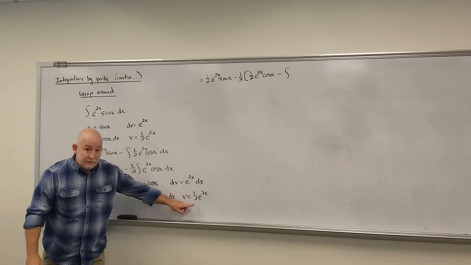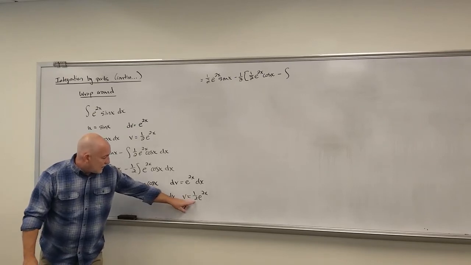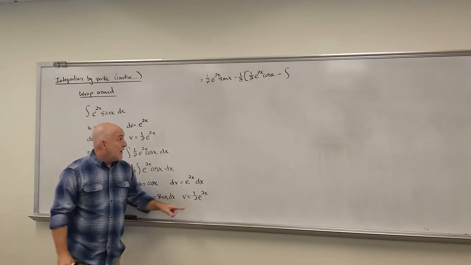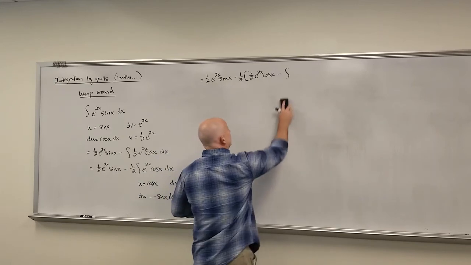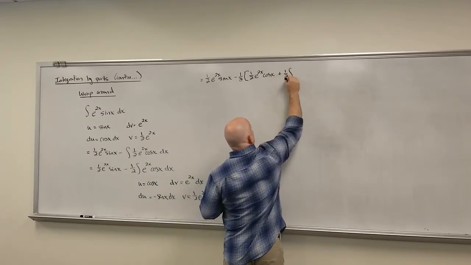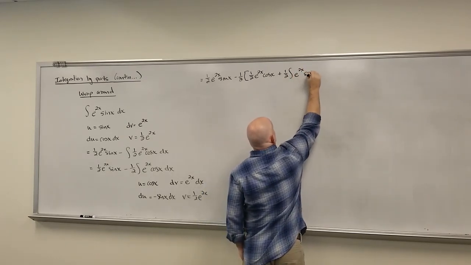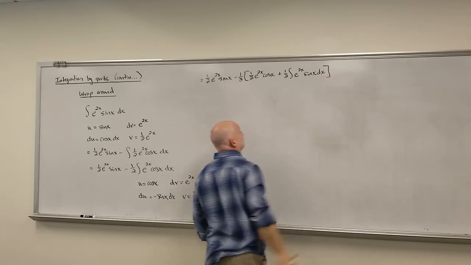Now, I'm going to kind of skip a step here just for board's sake. What's our constant? Our constant is a negative 1/2. So if I pull out a negative 1/2, that's minus negative 1/2 e to the 2x sine x dx.